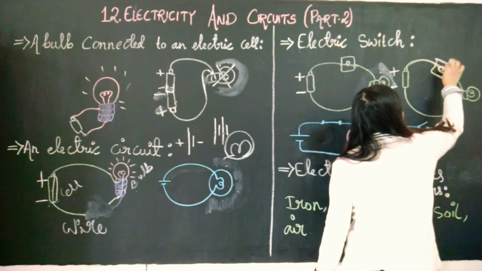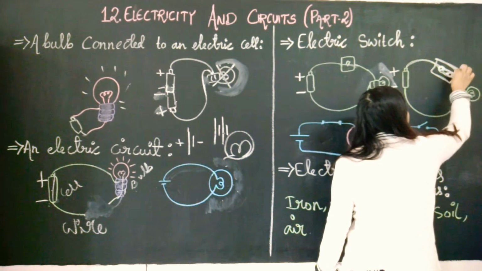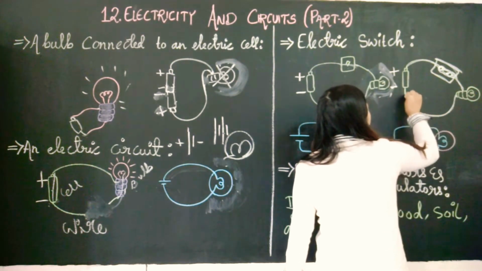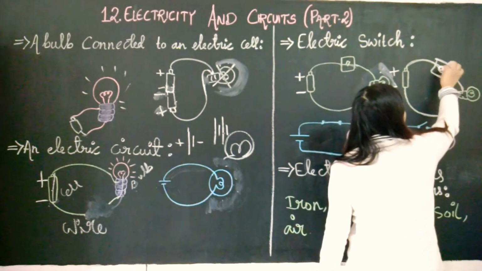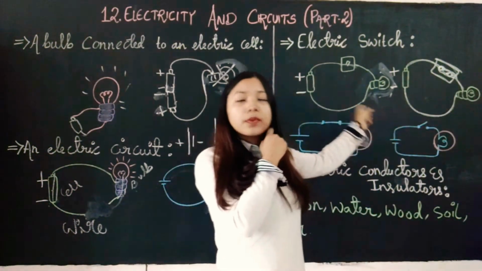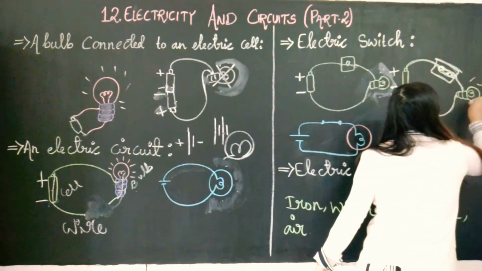Then here you wrap the wire, then continue the wire, wrap it here and connect it here. Next, the other wire will be connected in this way, and when the safety pin is closed, the circuit will be complete and electricity will flow in it and our bulb will glow.